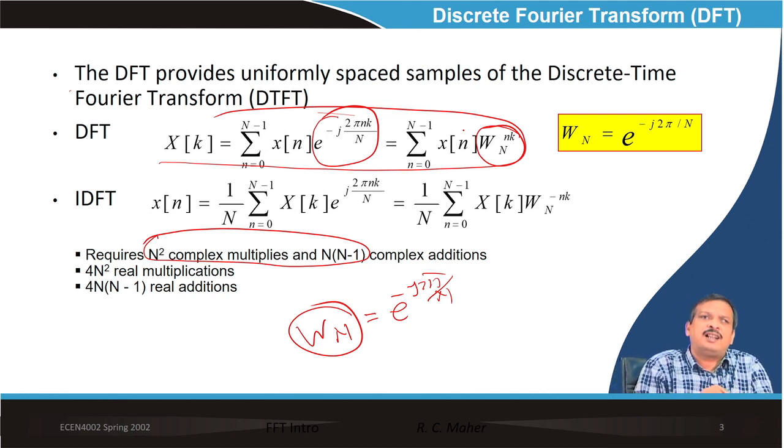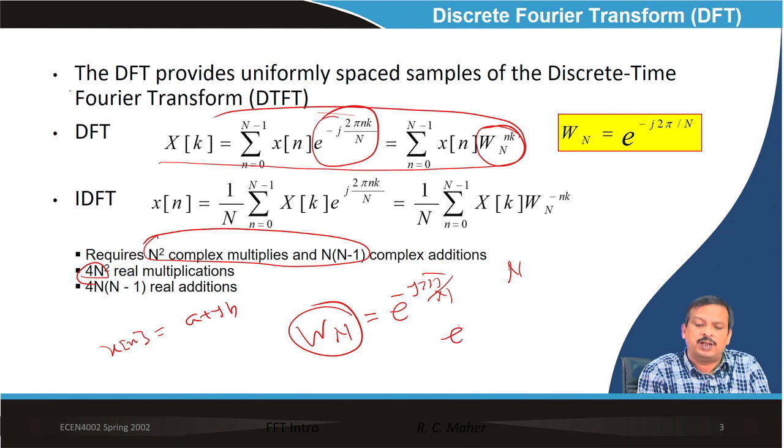The next thing is that whatever algorithm I want to do, I have to reduce these N square complex multiplications, that is 4 N square real multiplications, because x of n can be of the form a plus jb, and e to the power minus j theta is nothing but cos theta minus j sin theta, so it is again of the form a1 minus jb1.